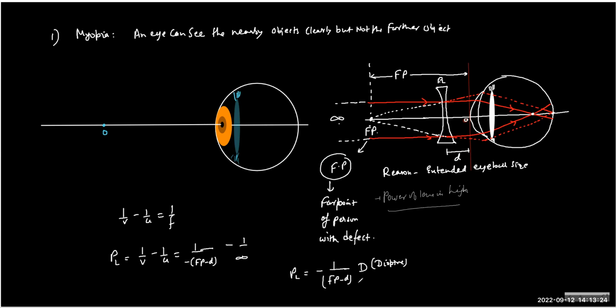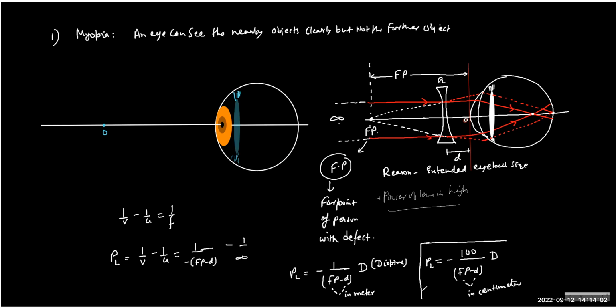But if you want to write FP and D in centimeter, you can write minus 100 upon FP minus D, and FP and D are values only. These are not with negative. Generally, we use this formula because we put things in centimeter. And you can clearly see the answer is negative.